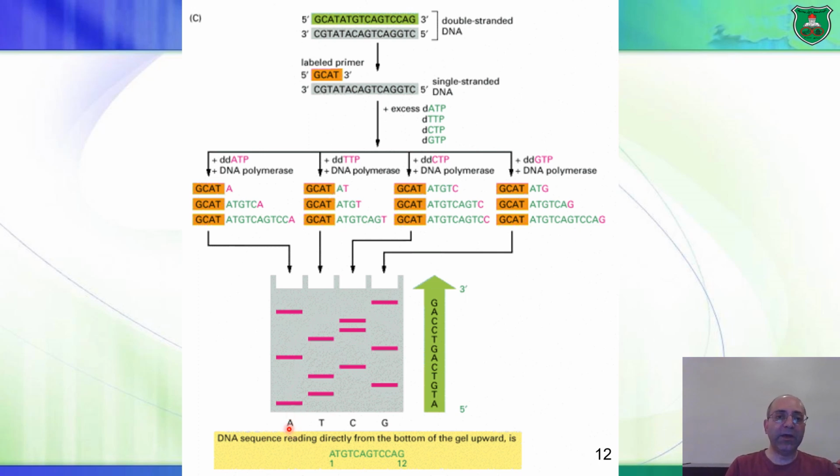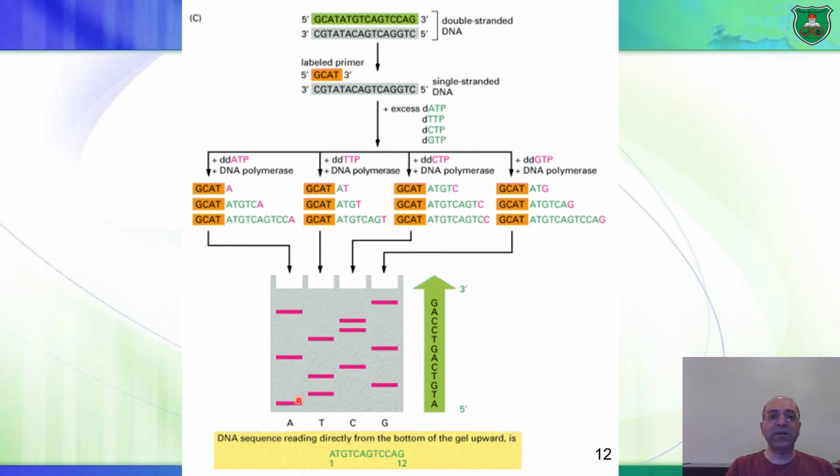So right here in this tube, whenever we see a signal, we know that it ends with an A. So by going from bottom to top, we would be able to know the sequence of the newly synthesized DNA. Okay, and by knowing the newly synthesized DNA, we will be able to know the sequence of the template.